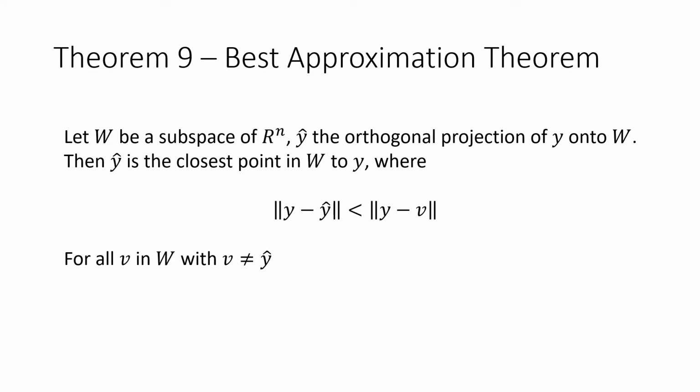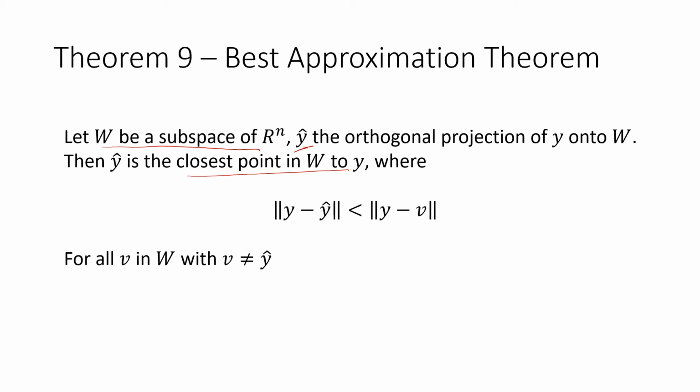Theorem 9 is called in the book the best approximation theorem. So this uses the same idea. You have a subspace W of Rn, you have the orthogonal projection onto W. What that vector gives you is a point which is the closest point in W to Y. So you take any other point in W, it's going to be farther away.